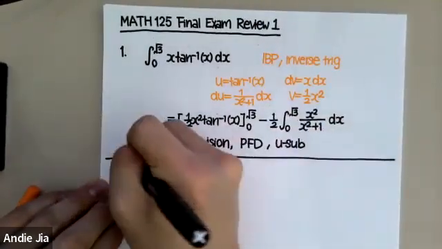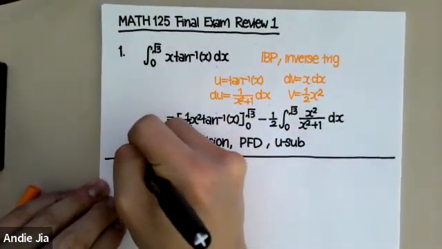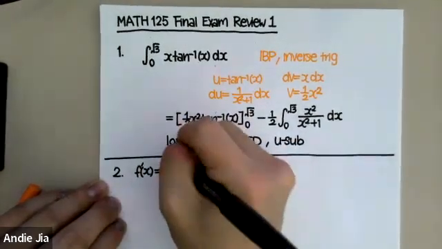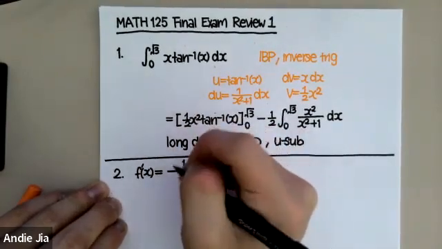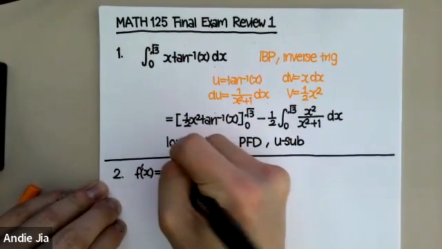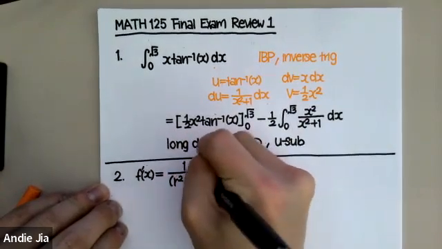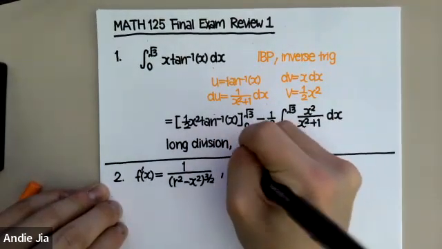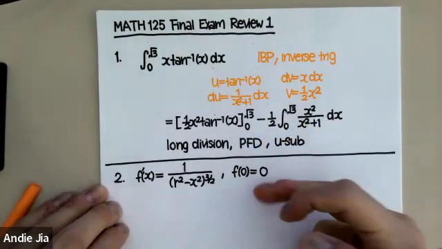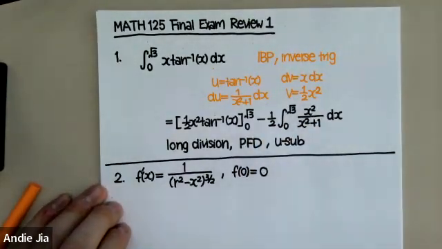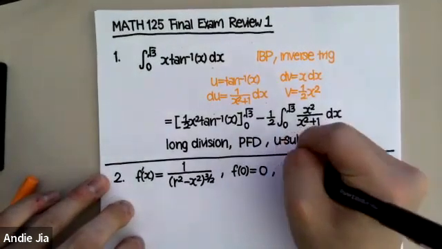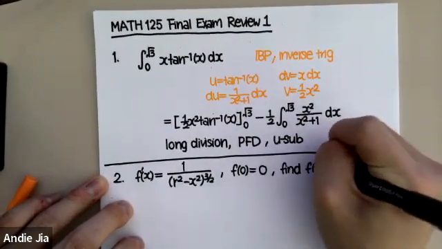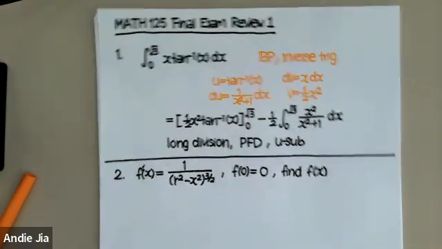If f prime of x is 1 over (r squared minus x squared) to the 3/2, and f of 0 is 0, now you need to find the expression of f of x.